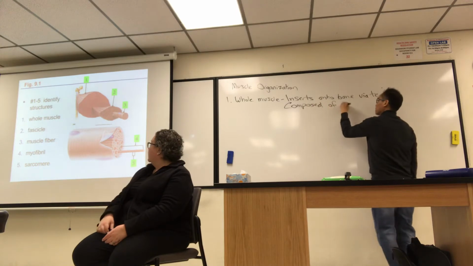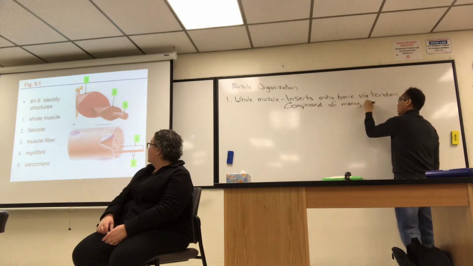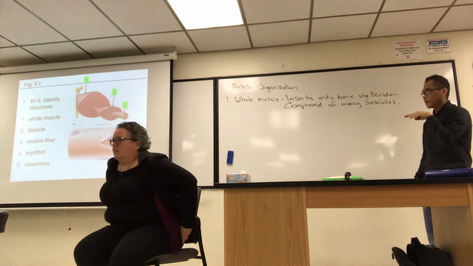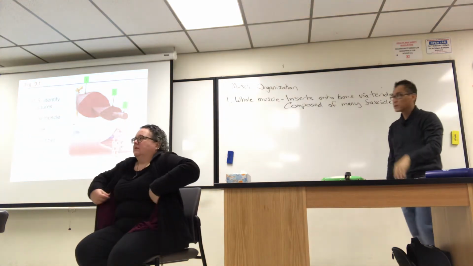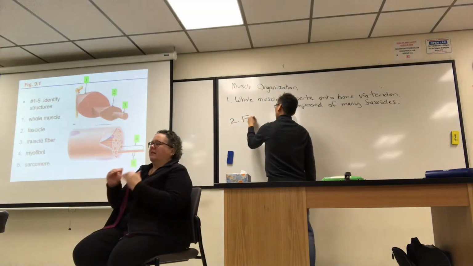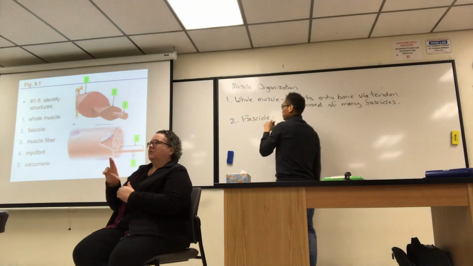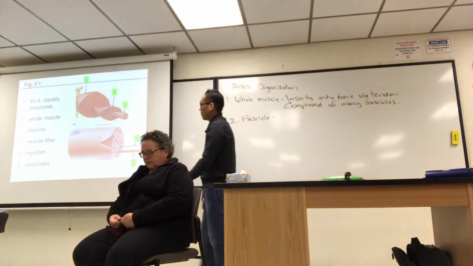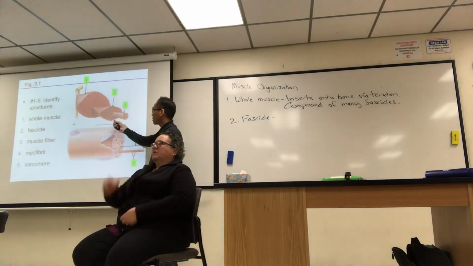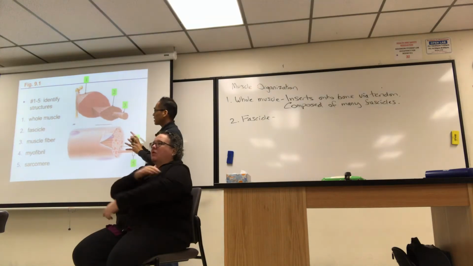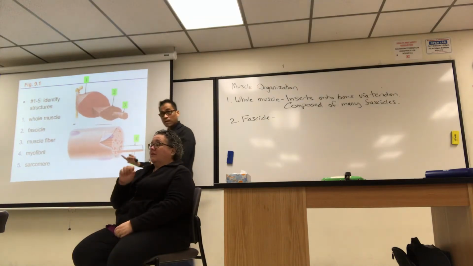So the fascicle is kind of like the next level of organization, the next structural unit. So how I describe a fascicle is look what's in it, muscle fiber. So a fascicle is composed of many muscle fibers.